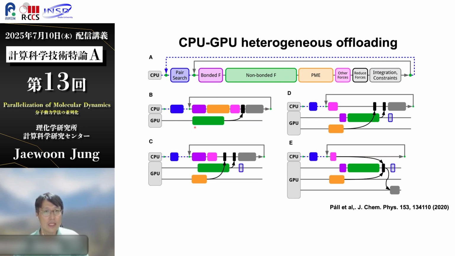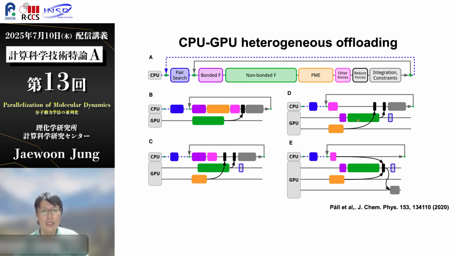Another option is to calculate neighbor search, bonded interactions, and PME reciprocal space interaction on the CPU, and only assign the GPU for non-bonded, real space interaction. They can also change different options. If they have multiple GPUs, then one GPU is assigned for real space interaction, and another GPU is assigned for reciprocal space interaction.